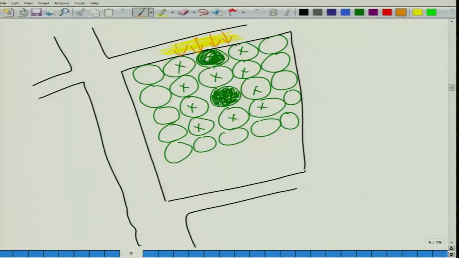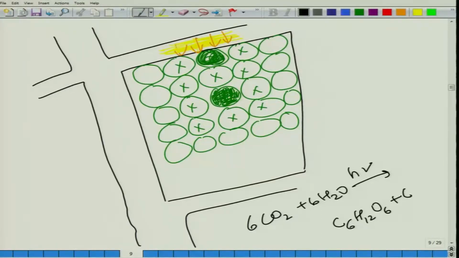In the process of photosynthesis, as we have seen before, we have carbon dioxide plus water in the presence of sunlight giving us the products of photosynthesis. So, we see here that light is an important part of the process of photosynthesis.